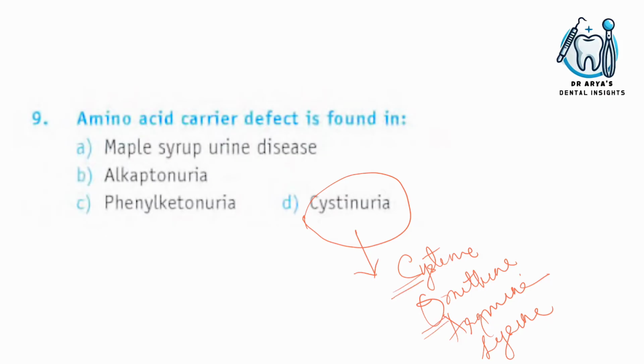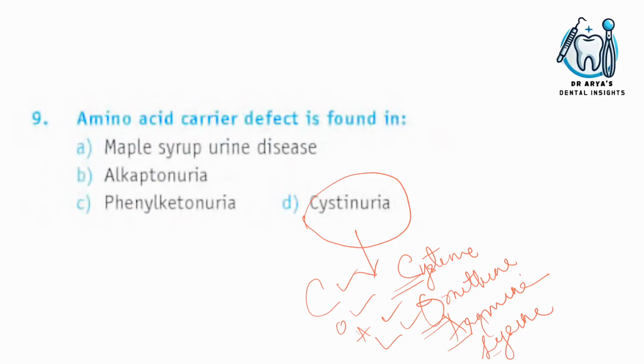The mnemonic is COAL. Okay, COAL: cysteine, ornithine, arginine, and lysine. This leads to excretion of all these 4 amino acids in urine.